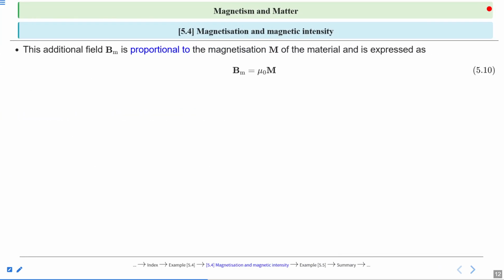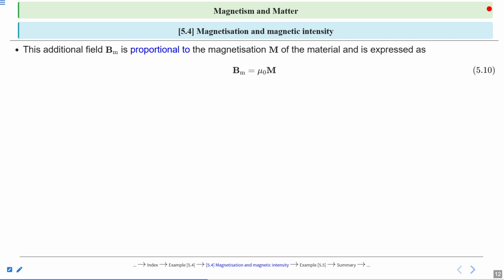This additional Bm is proportional to the magnetization. Magnetization M is the extent to which the material core is magnetized, say 75%, 60%, or 50%.